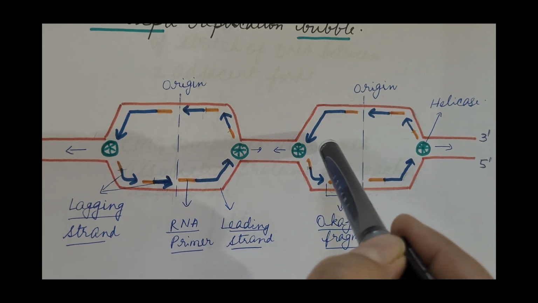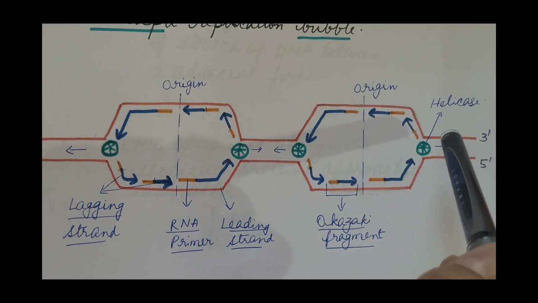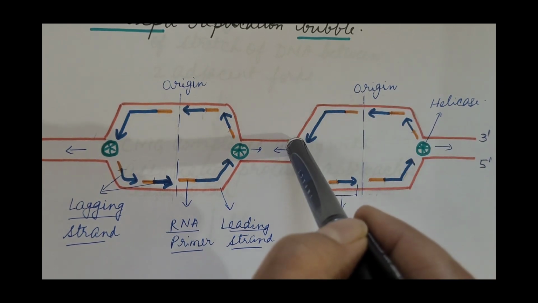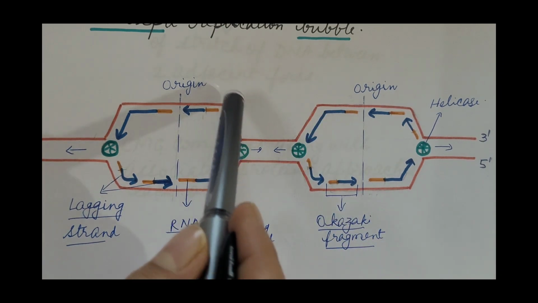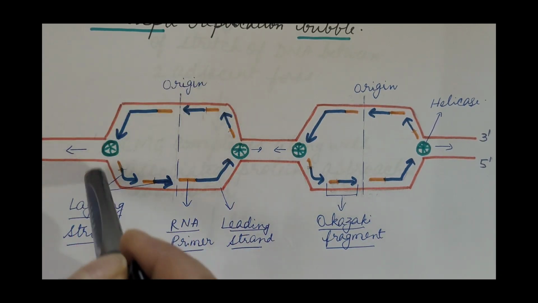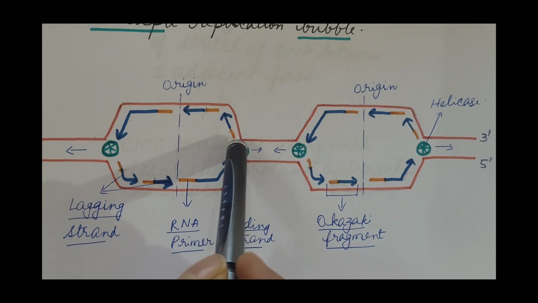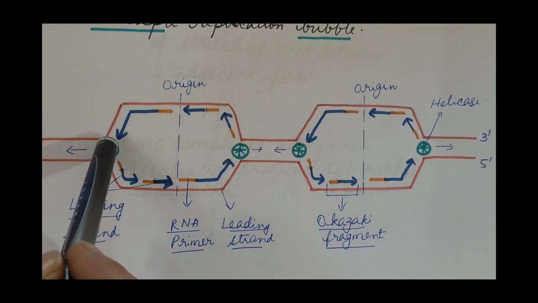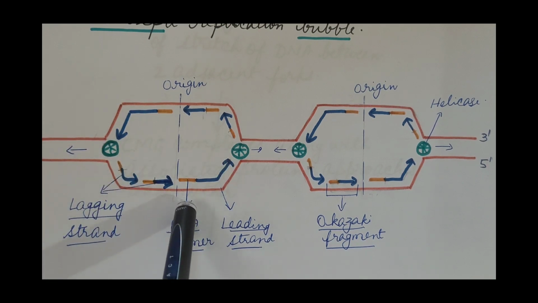So the replication forks of this replication bubble, one will move in this direction and one will move in this direction. Similarly, in this replication bubble, one replication fork will move in this direction and the other in this direction, opposite to each other.